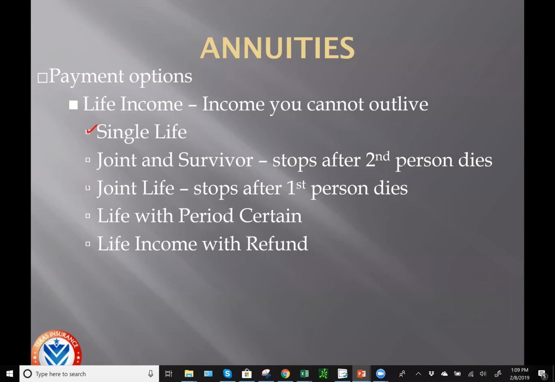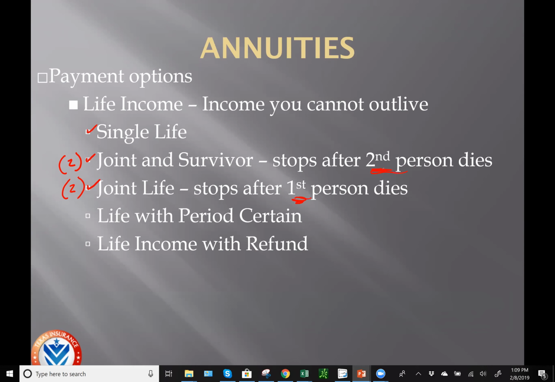I could choose either a joint life payout. That's payments for at least 2 people, and they're going to stop after the first person dies. Or I could choose a joint and survivor payout. That's payments for at least 2 people, but the payments won't stop until after the second or last person dies.